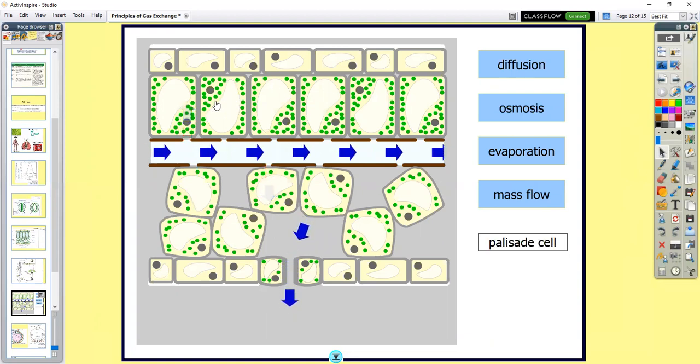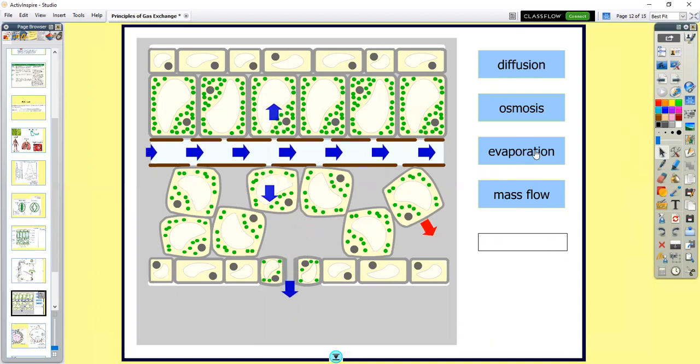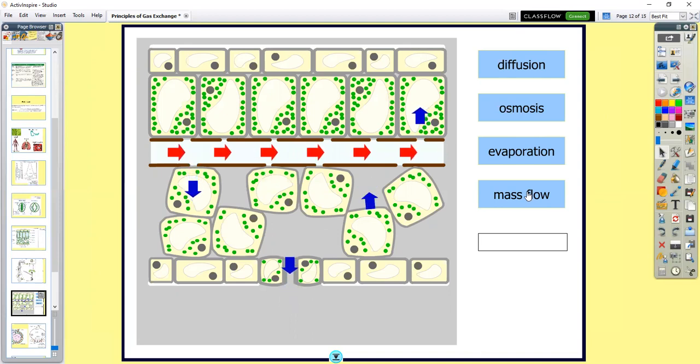So it maybe moves up here into the cells of the palisade layer to allow photosynthesis to occur, or maybe moves down, and then you get some transpiration, evaporation of water from those spongy mesophyll cells, and then it diffuses out through the stomata. That's just showing you that mass flow, those water molecules sticking together and passing up into the leaf.